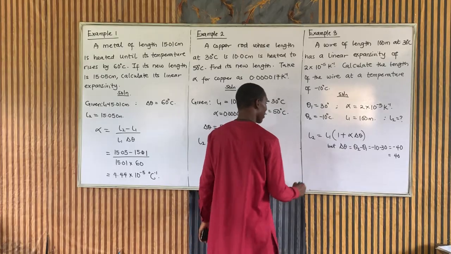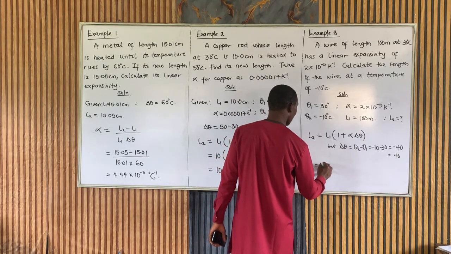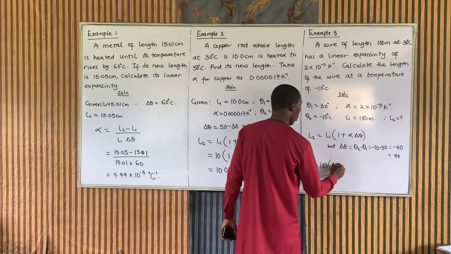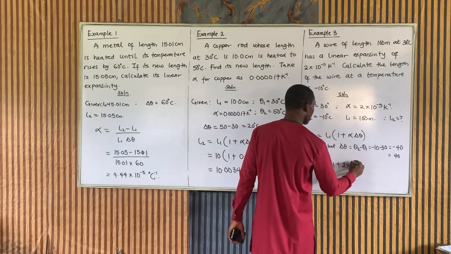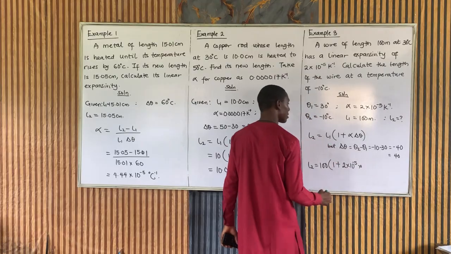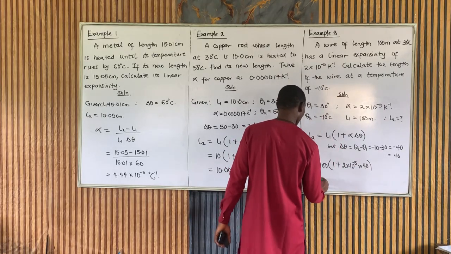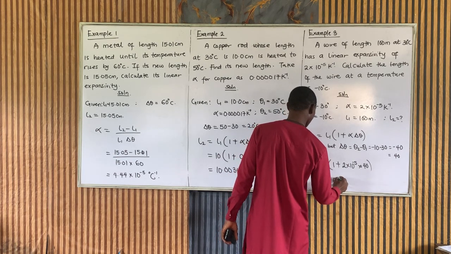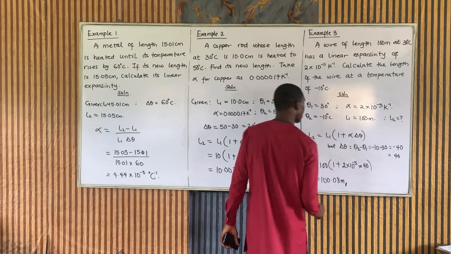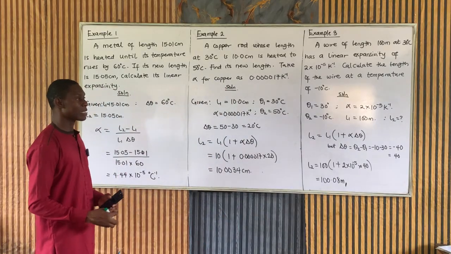And so right here now we can say L2 becomes L1, which is 100, into bracket 1 plus alpha, given as 2 times 10 raised to the power minus 5, times change in temperature, given as 40. So eventually we have 0.08 meters. That's the final answer. So that's that about that.